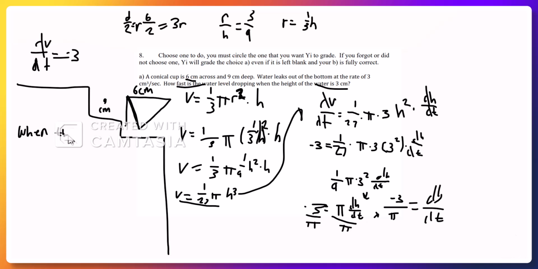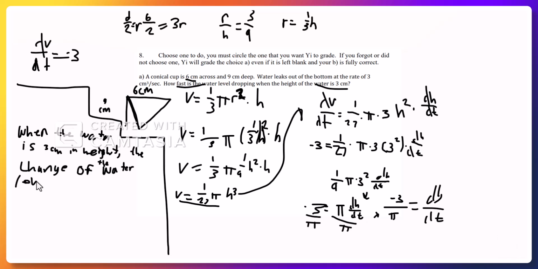When the water is 3 centimeters in height, the water level is dropping at a rate of -3 over pi.